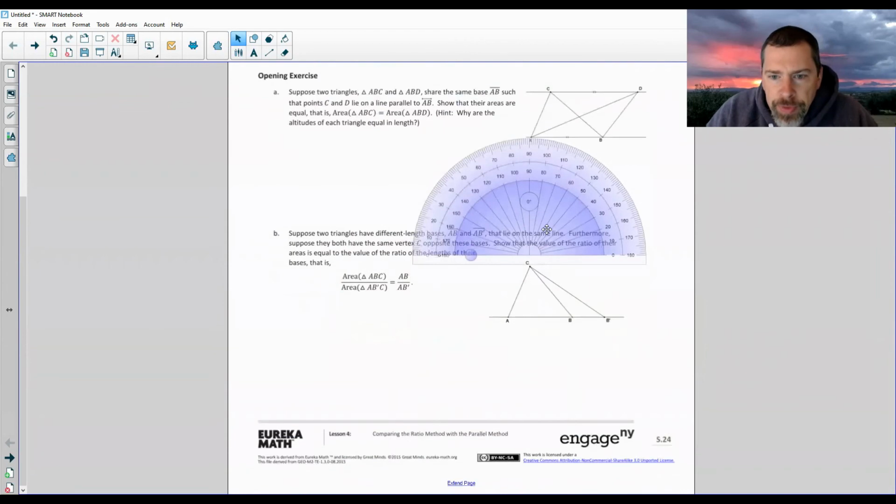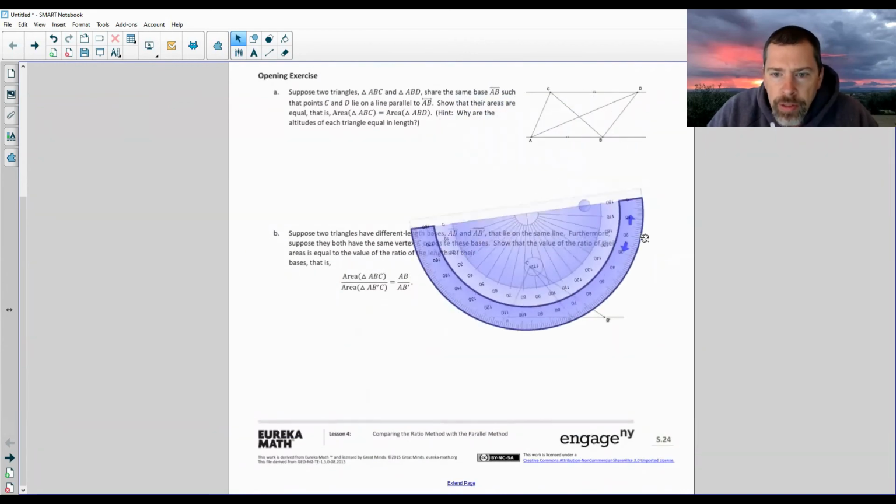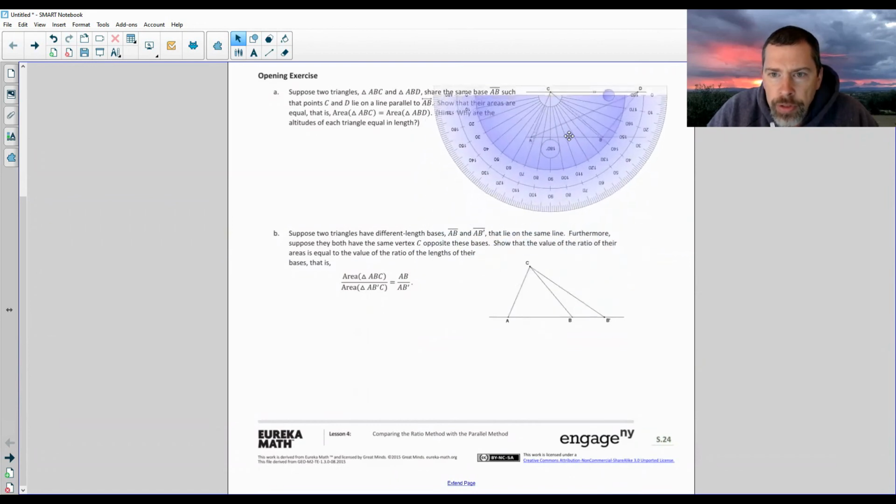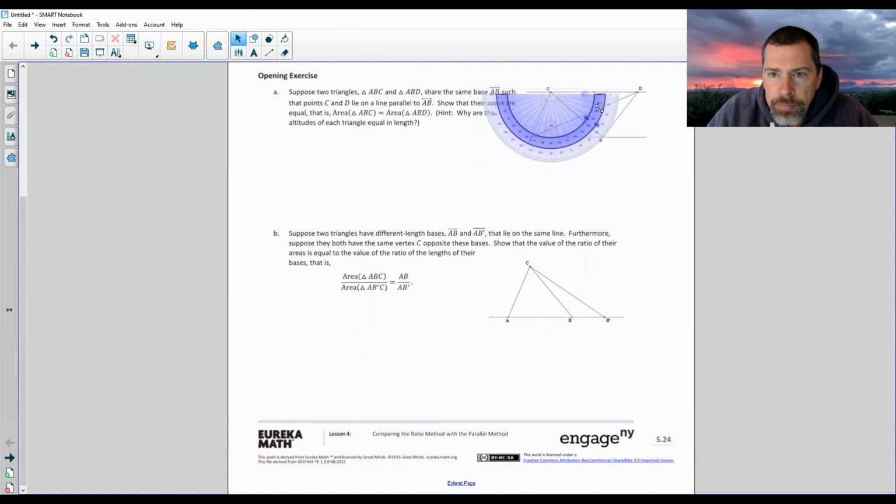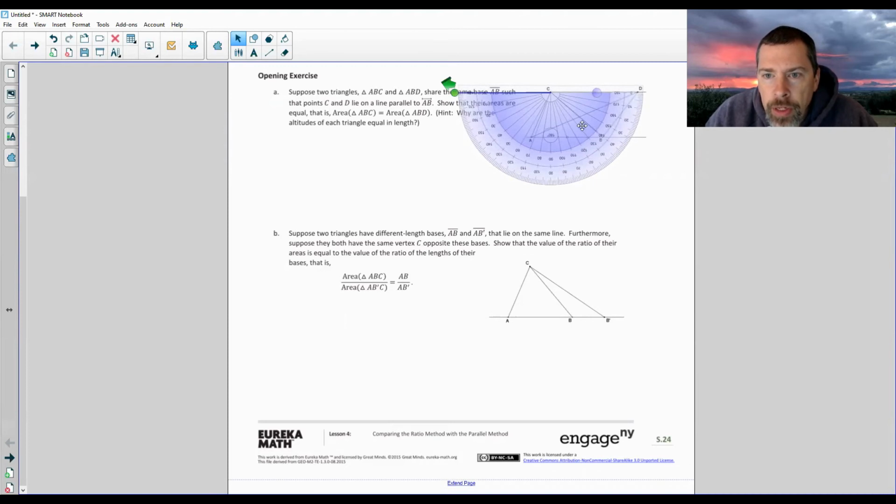So here's my protractor, and I'm going to rotate it so it's upside down, and I'm going to put the crosshair right on C. The 0 line on my protractor is aligned with the line CD, and I'm just going to put a dot down here.